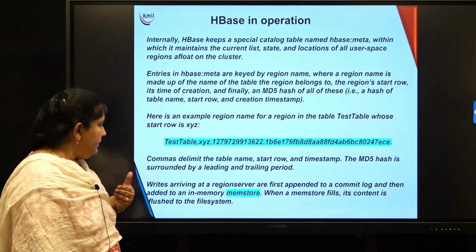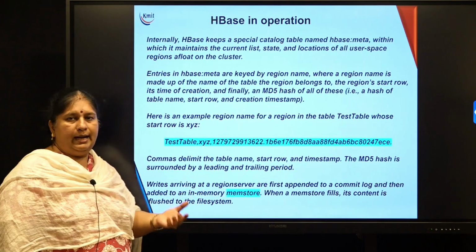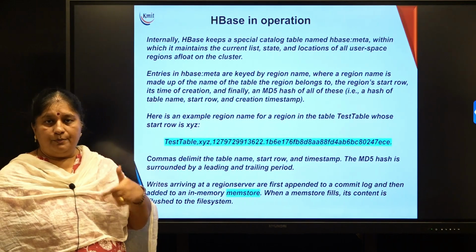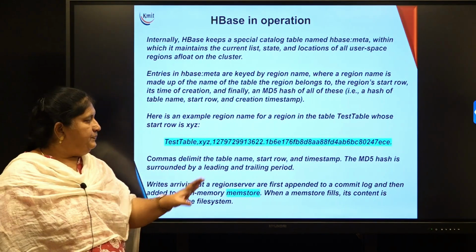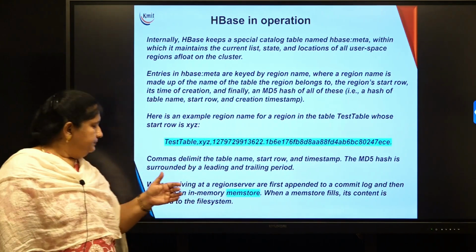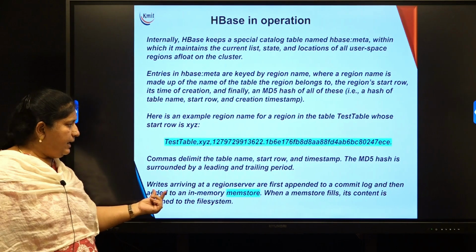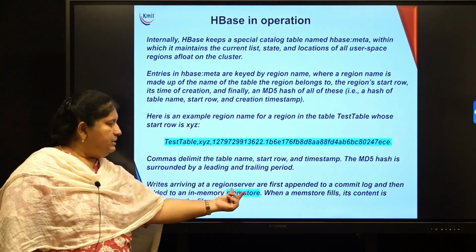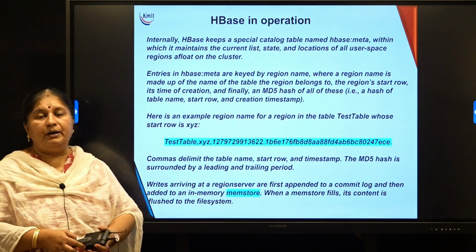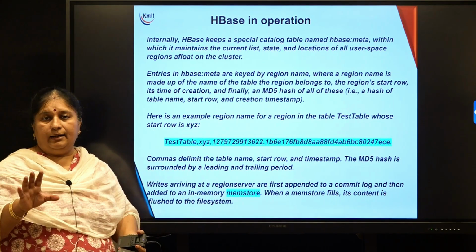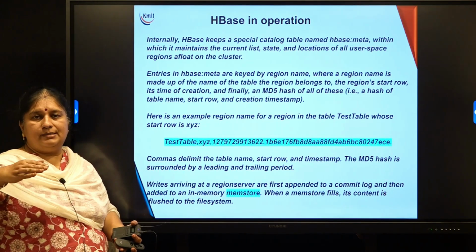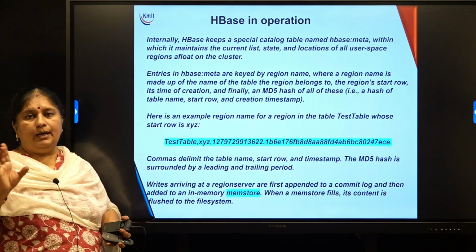Instead, whenever a write operation occurs at a region server, all the write operations are appended to a commit log and also added to the in-memory storage. Then once the memory storage is full, the buffer is full, all the data pertaining to those write requests will be flushed into the file system. Then the file system will be updated.